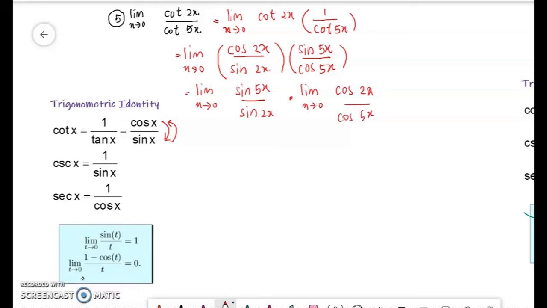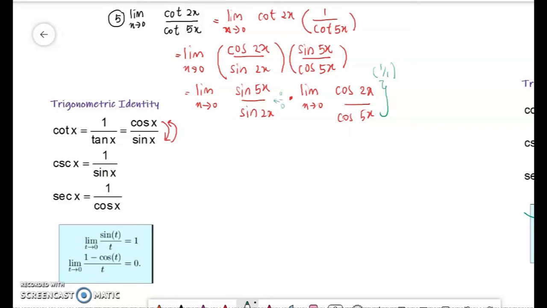Why do I separate this one? Because cos over cos, when you substitute x with 0, it will be 1 over 1. But this one will be 0 over 0.